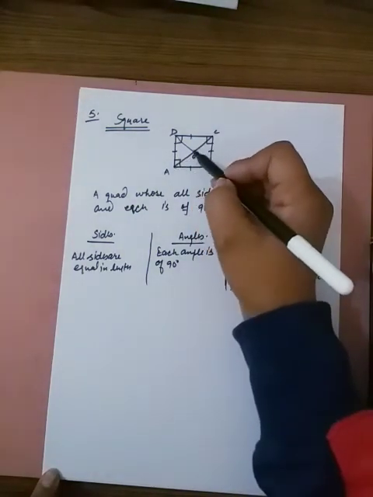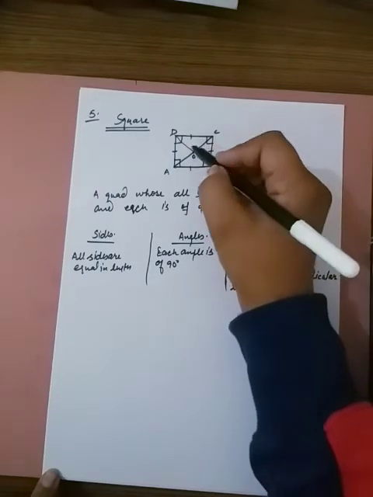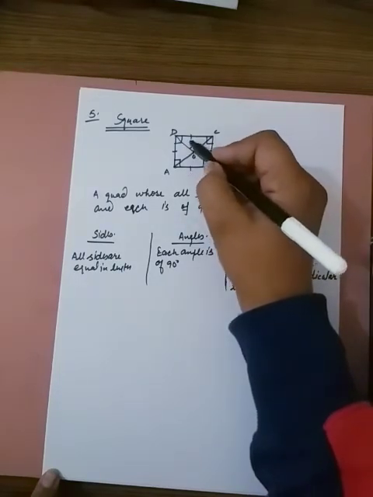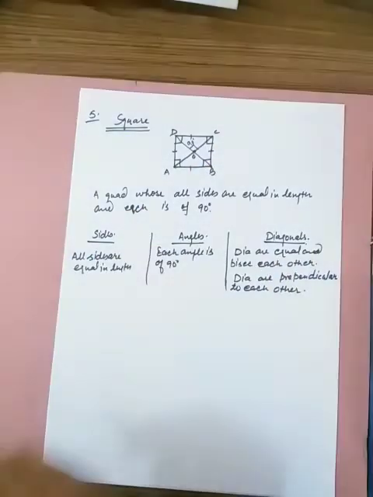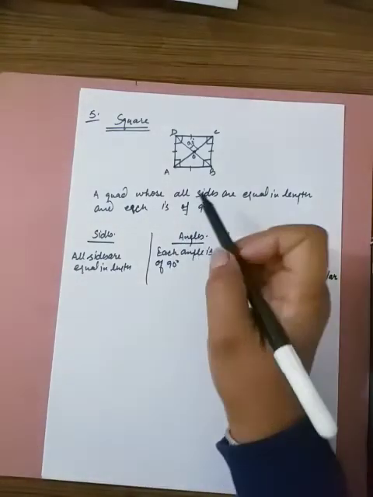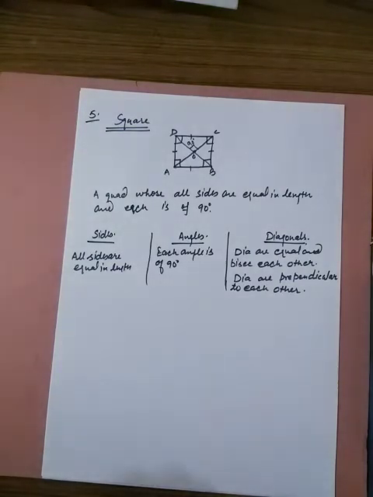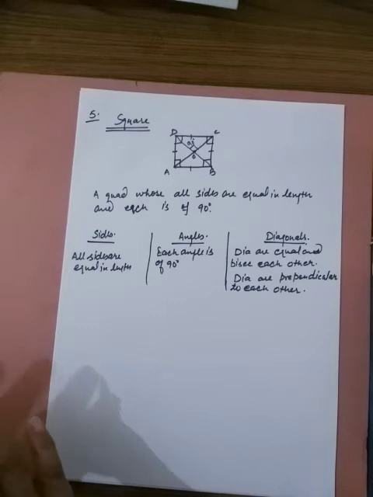Therefore AO is equal to OC and OB is equal to OD. Also at the point of intersection they make an angle of 90 degree. As in rhombus, rhombus में भी both the diagonals जो हैं वो perpendicular bisector of each other हैं, but equal diagonals are in rectangle and square and diagonals are perpendicular in square and rhombus.